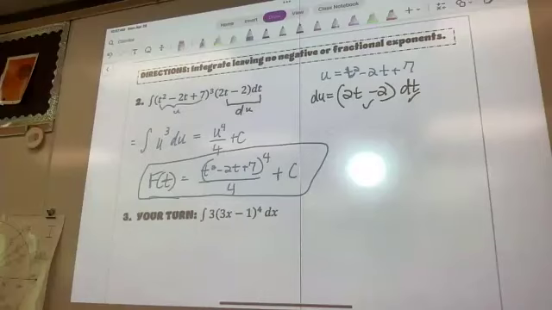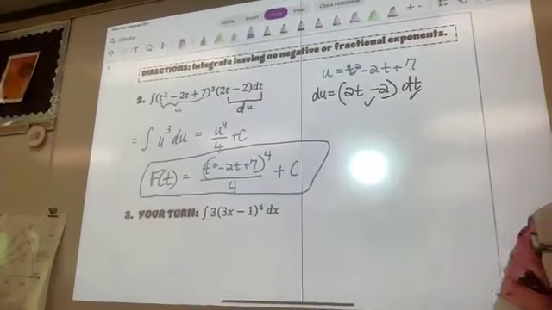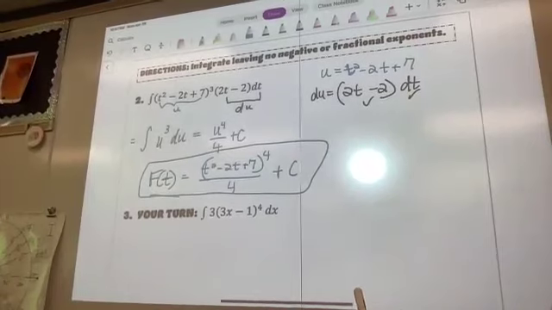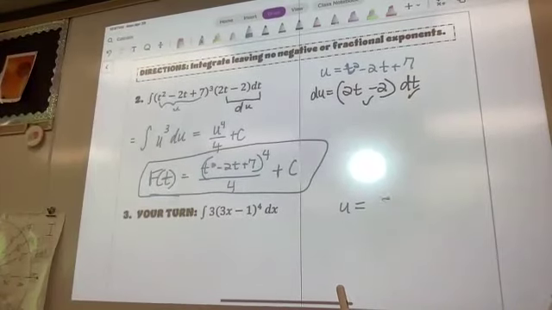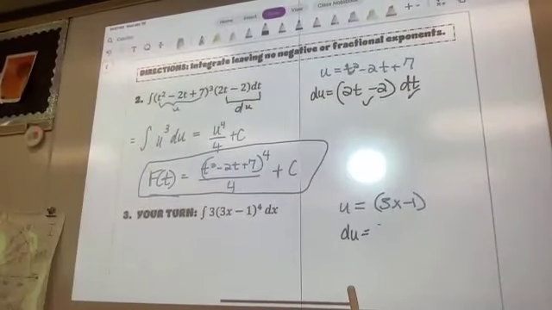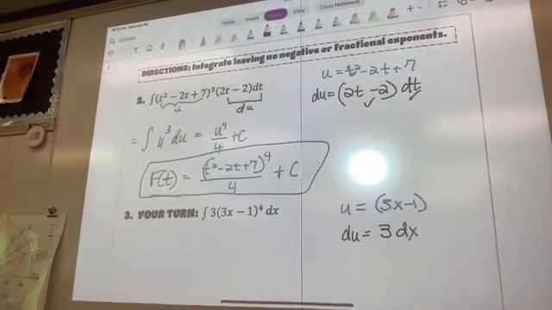Yeah, so I would write u is. Okay, whatever the quantity is, I made u 3x minus 1, right? du is the derivative, 3 dx, right?